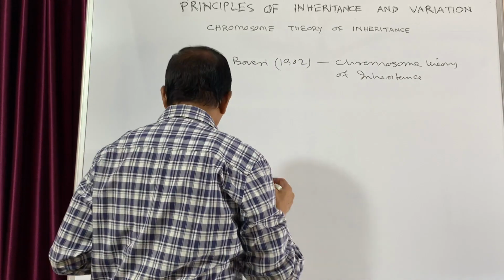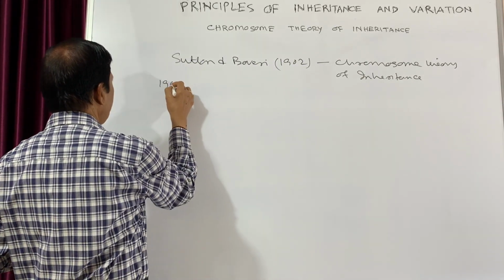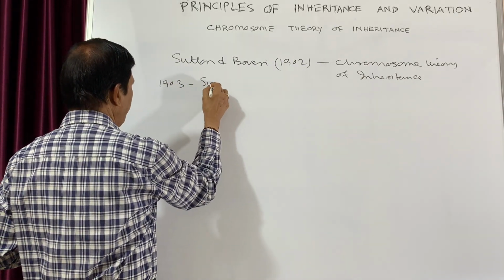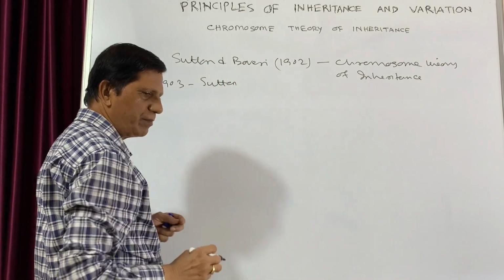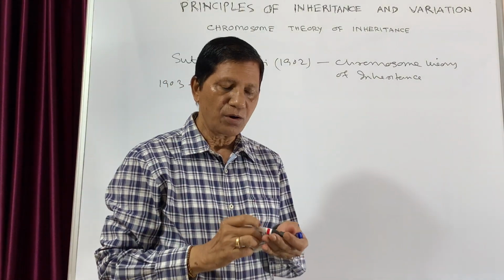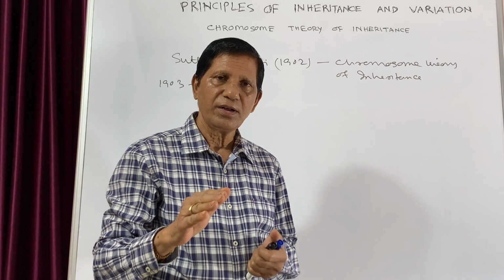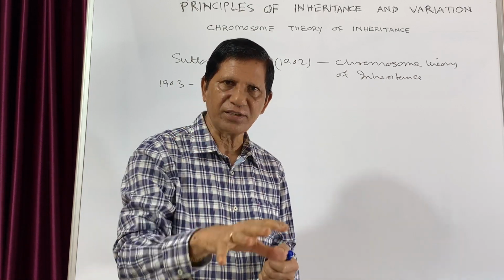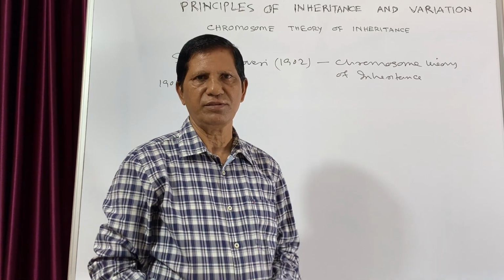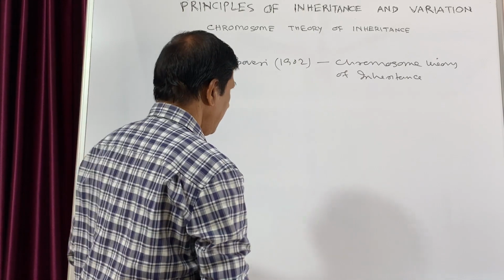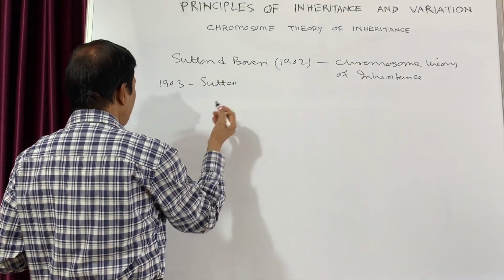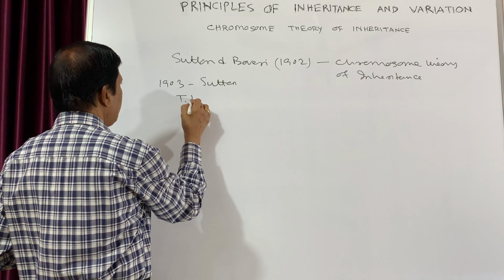And particularly in 1903, Sutton published a paper in a scientific journal where he directly wrote that the Mendelian factors lie in the chromosomes. Then later on, other scientists like T.H.